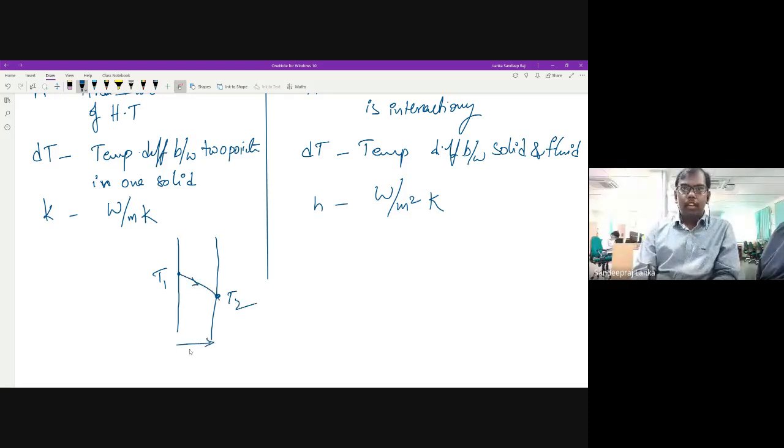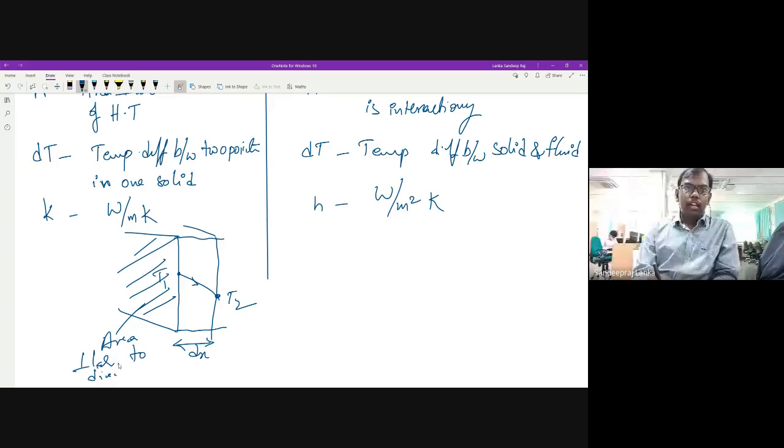And this will be your dx, and this area you will consider. So this is the area perpendicular to the direction of heat transfer.